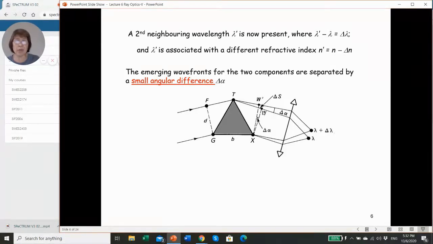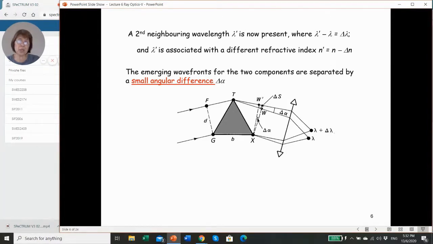And the plane wavefront for lambda is XW, whereas the plane wavefront for lambda prime is given by XW prime. And this lambda prime's beam makes an angle of delta alpha with lambda beam.